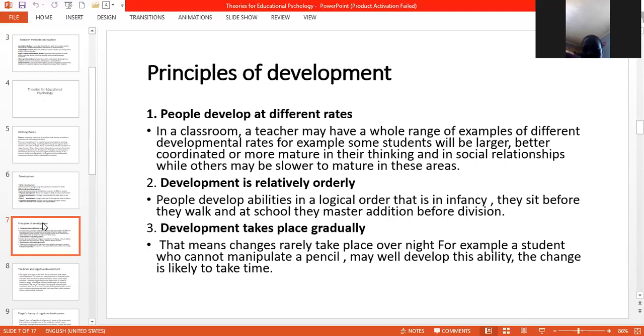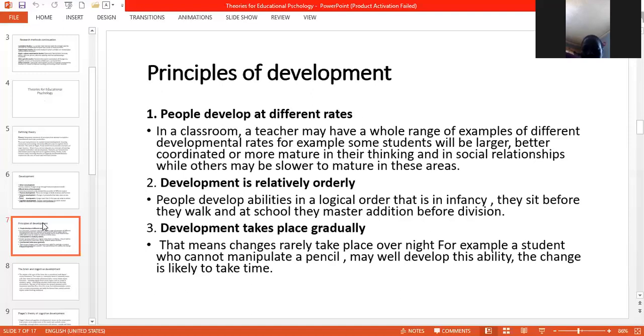So in a classroom, a teacher may have a whole range of examples of different developmental rates. For example, some students will be larger, better coordinated, or more mature in their thinking and in social relationships, while others may be slower to mature in these areas.